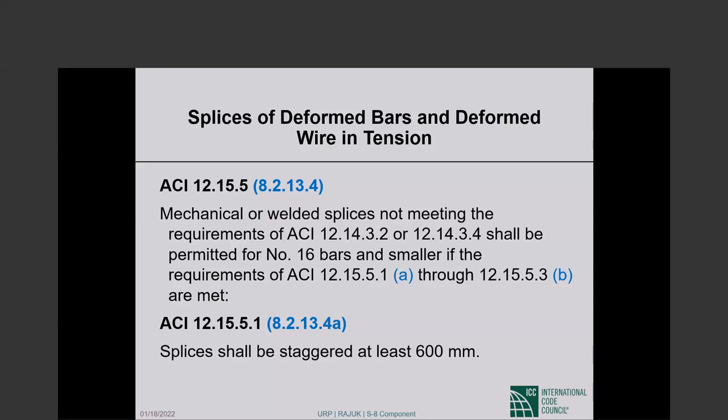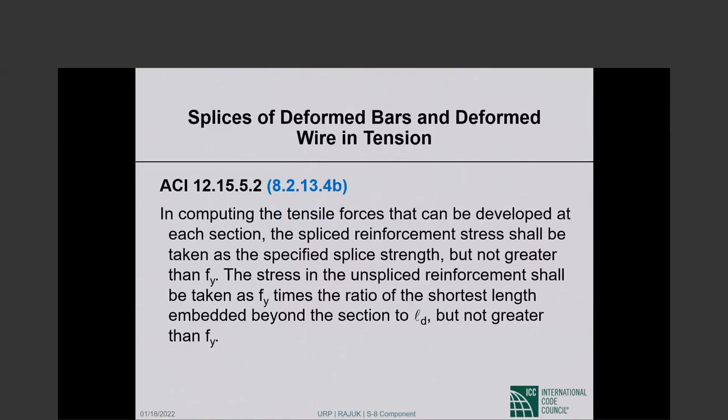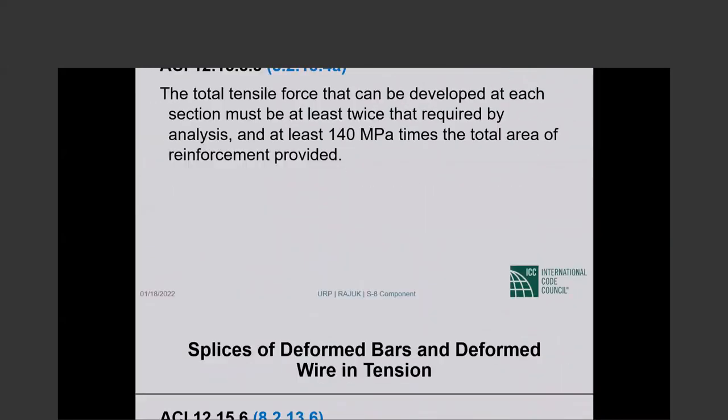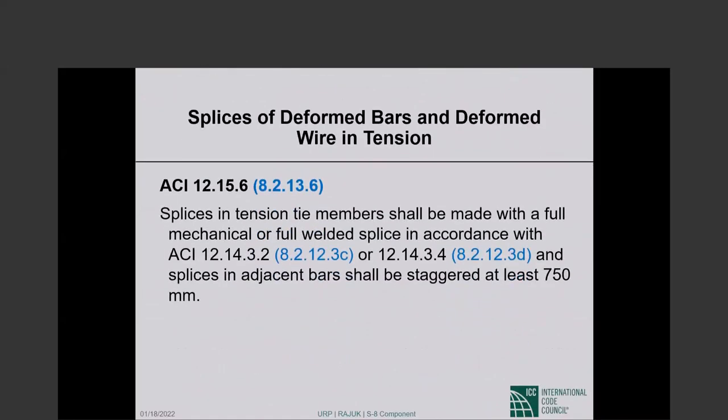And I don't even want to spend time on those because I would really like to discourage this less than full mechanical splices. You can use them on smaller bars, provided you satisfy three requirements given in these three sections, and let us not spend time on those conditions. Okay.